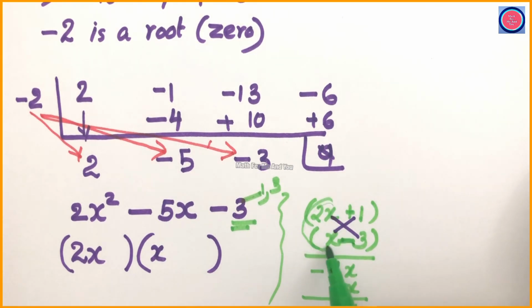If we multiply the first terms 2x and x, we get the first term of the quadratic polynomial. 1 times negative 3 gives the last term, and after cross multiplication we get the middle term. That means the correct factors of 2x square minus 5x minus 3 are 2x plus 1 and x minus 3. Already we have got x plus 2 as a factor of the given cubic polynomial.